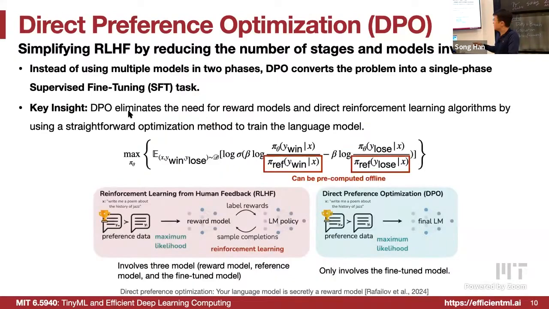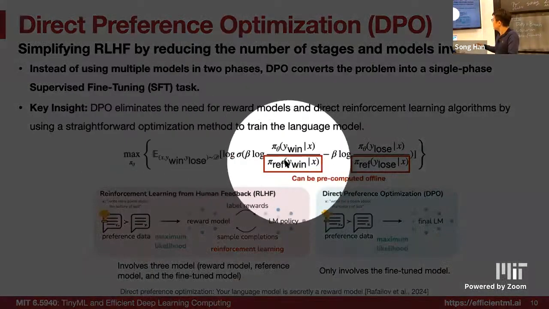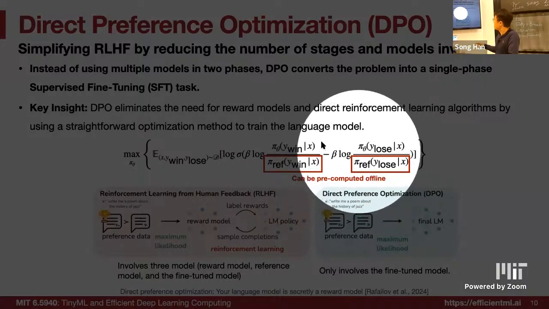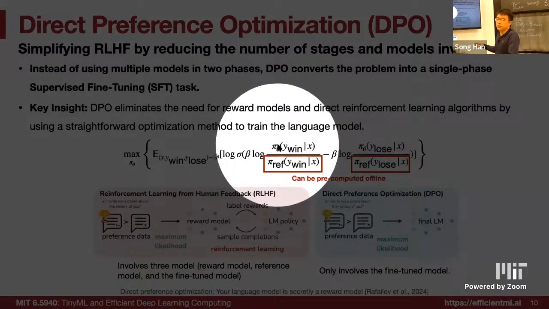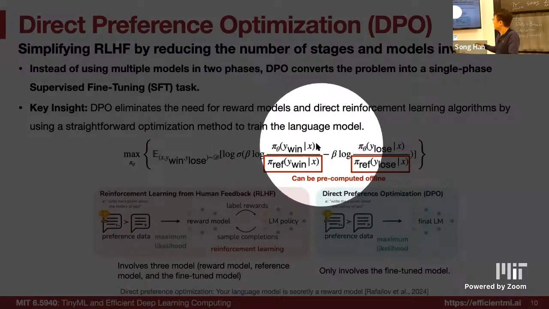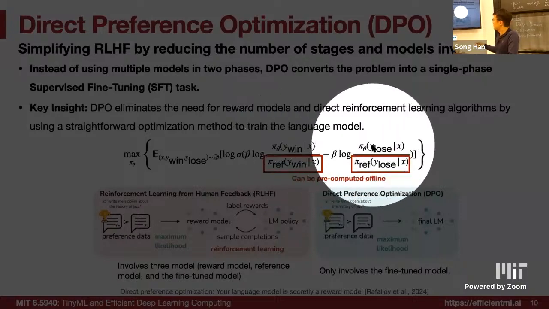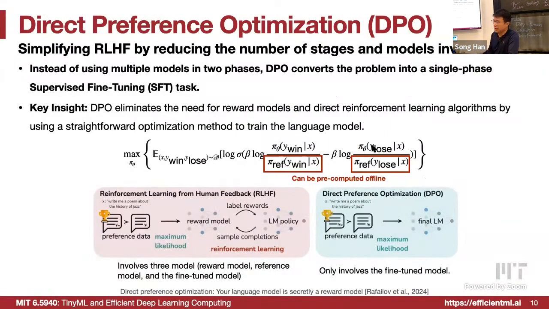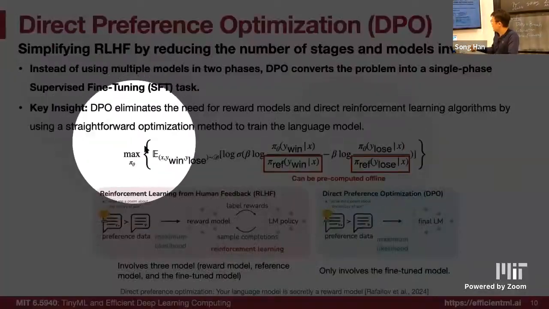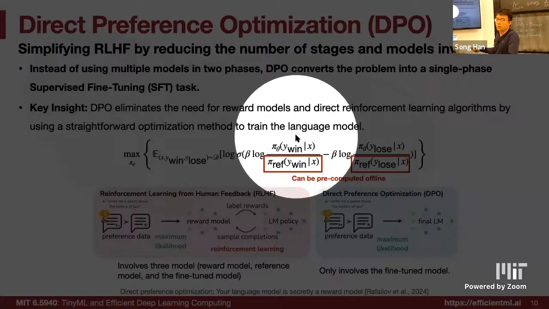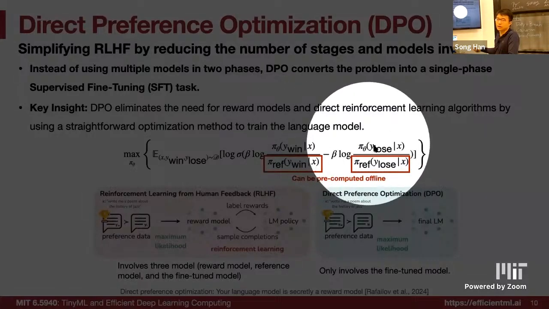And then we plug them into this equation. Given the reference model, we calculate the Y win and the Y lose. And then with our model, parameterized by theta, given the same input, we have a winning output and a losing output. Here we are trying to maximize the difference. We make sure our winning output's probability is much higher than the losing one.